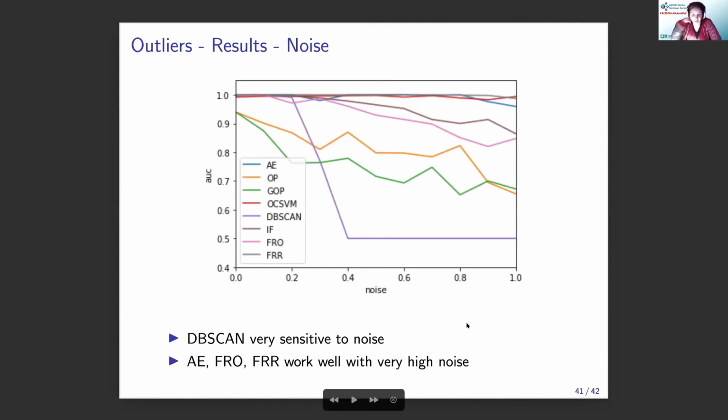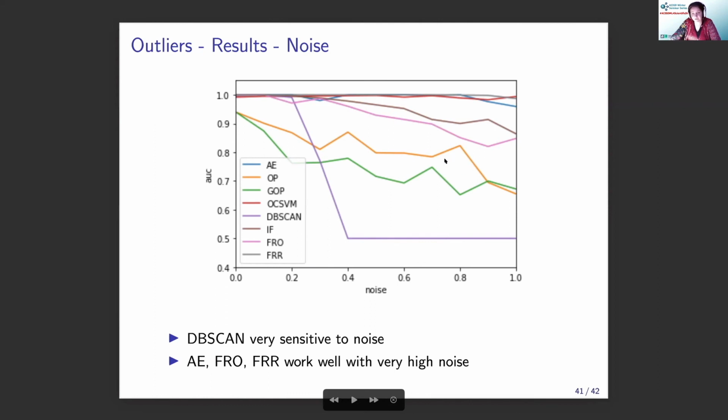Now, the last experiment I did was increasing the amount of noise. This is a lot simpler because I only looked at the algorithms that had had any success in the previous experiments. Rather surprisingly, you can see dbScan is immensely sensitive to noise. And for such a widely used algorithm, that did surprise me.